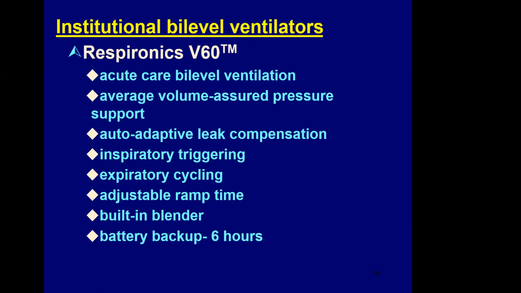The V60 is another acute care BiPAP machine. It has average volume assured pressure support, which is excellent. It also has auto adaptive leak compensation, inspiratory triggering, expiratory cycling, an adjustable ramp time, a built-in blender, and a battery backup of up to 6 hours.